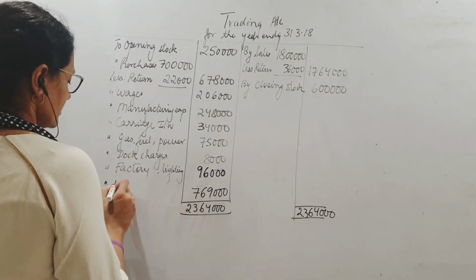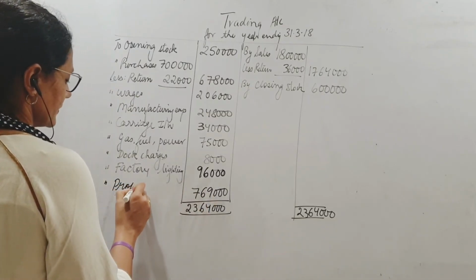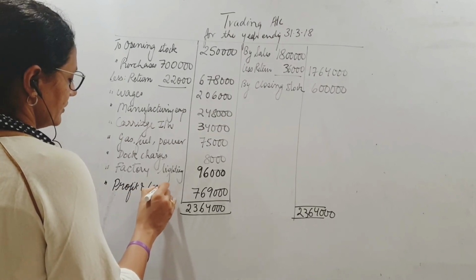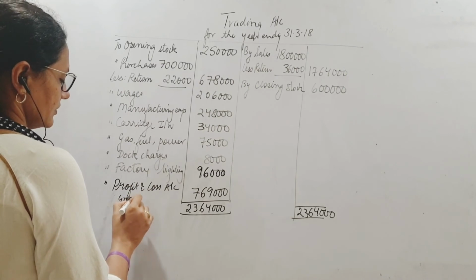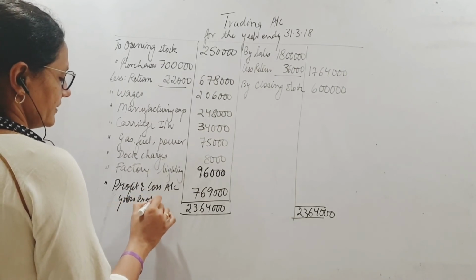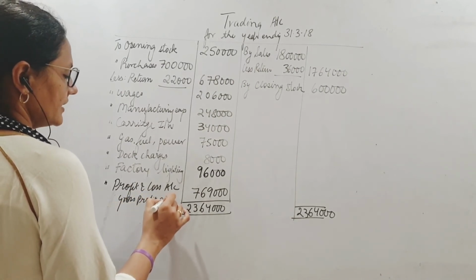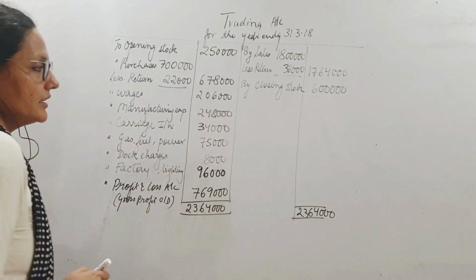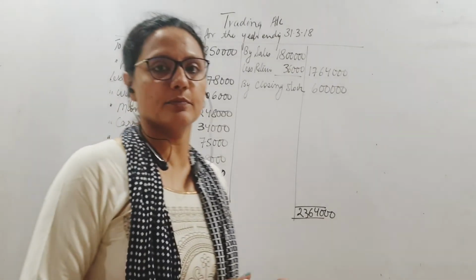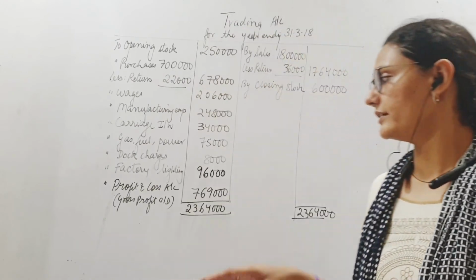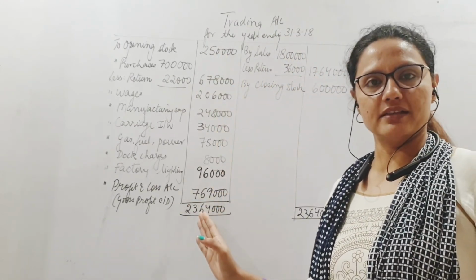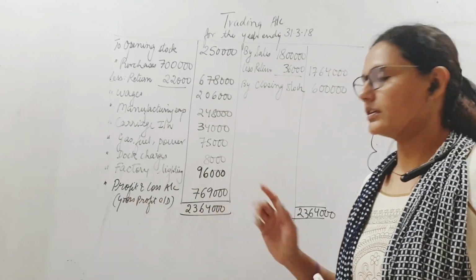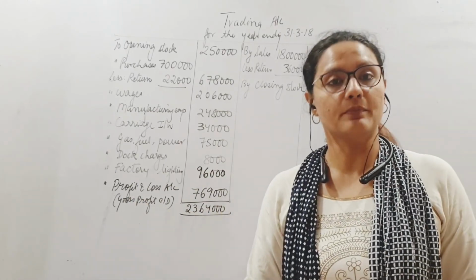So this we transfer to profit and loss account. This is gross profit carried down. Alright? We are transferring this gross profit, which is income minus expenses. So this is what is meant by gross profit.